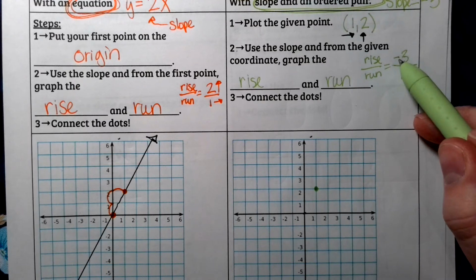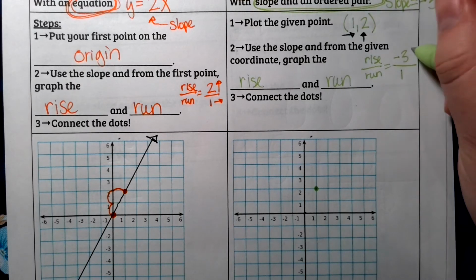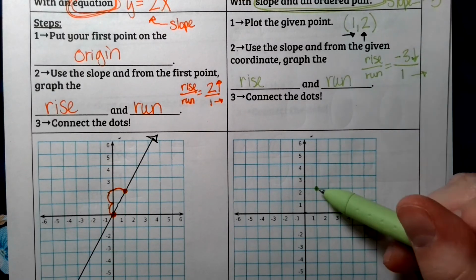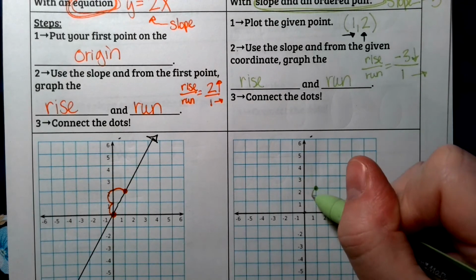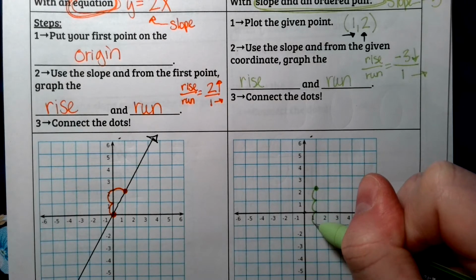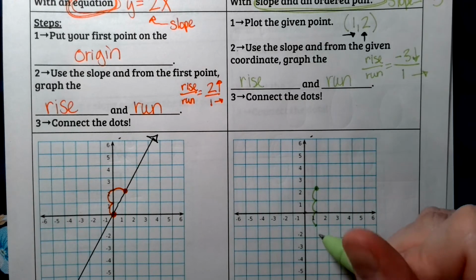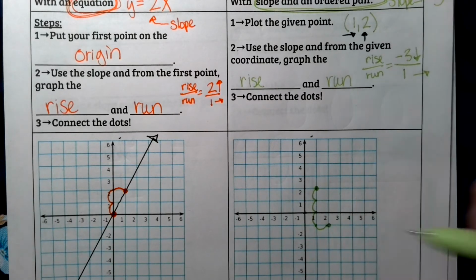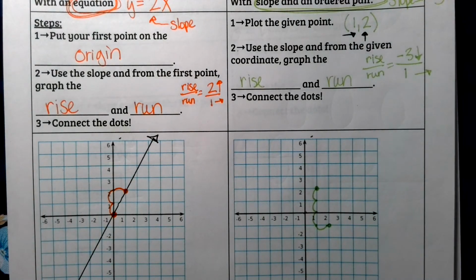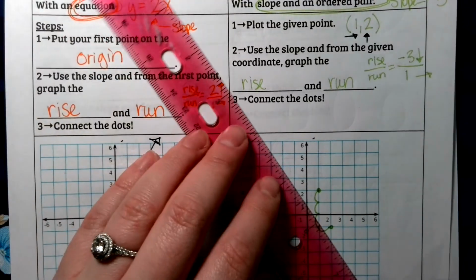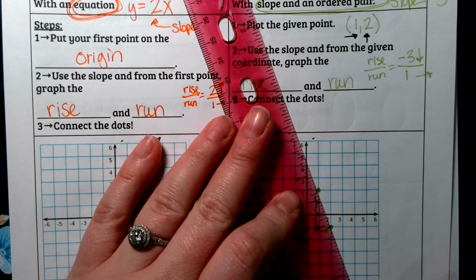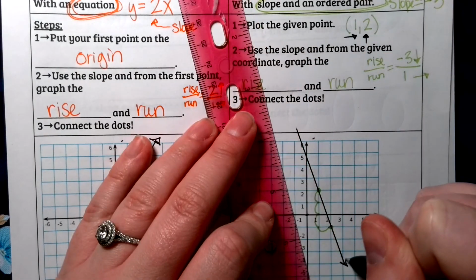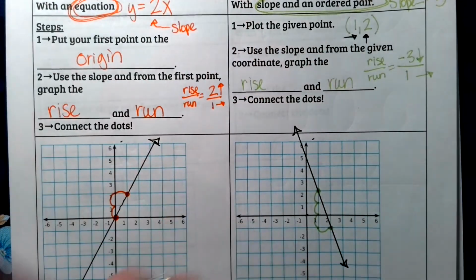No, because it's a negative, we're going to go down 3 and then run 1 to the right. So from this spot, I need to go down 3 and then I run 1 and I have my new point. So now I'm going to connect my dots and I've got my new line.